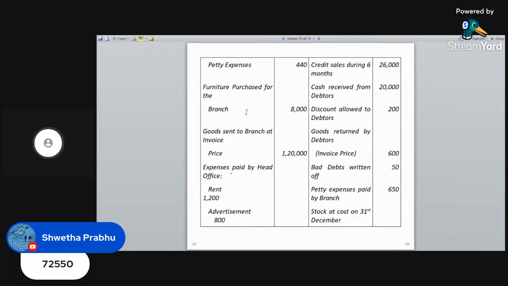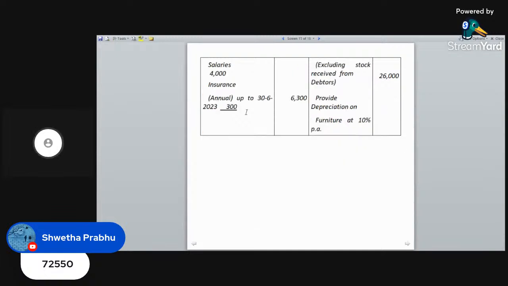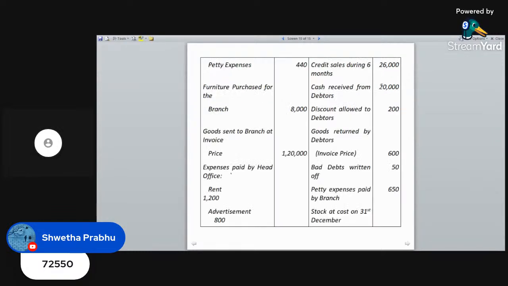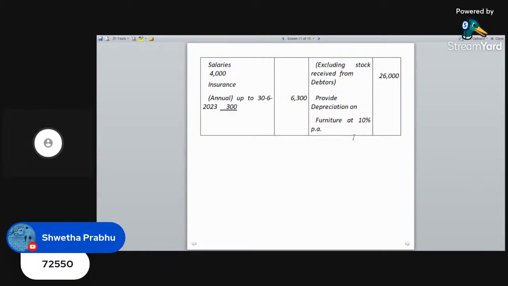Next thing is the closing stock. There is a closing stock, but there was no opening stock, because the branch was opened only on 1st July, so there will be no opening stock, correct? For this closing stock we have to make an adjustment. They say the opening stock was nil, closing stock was 26,000.